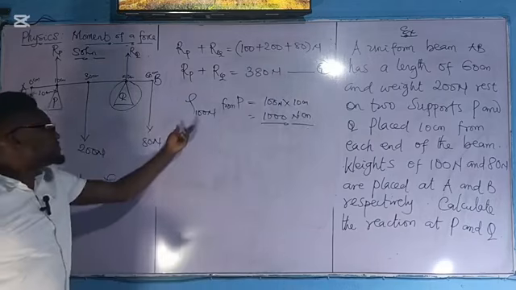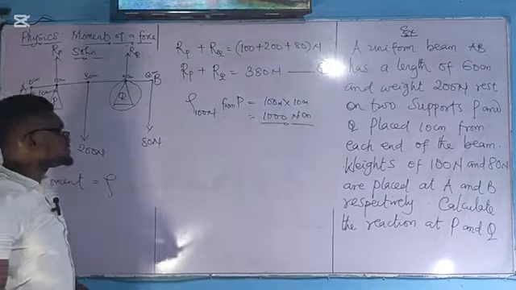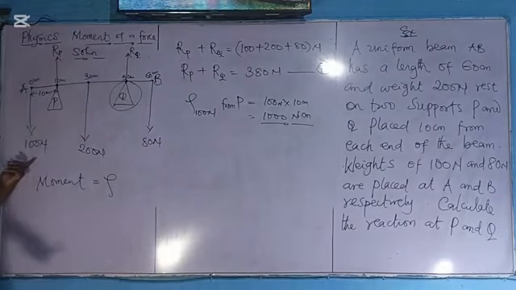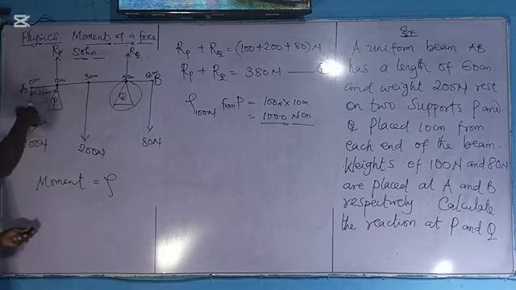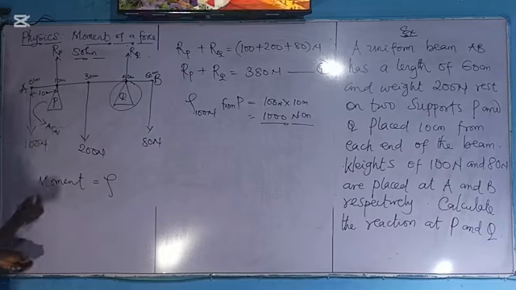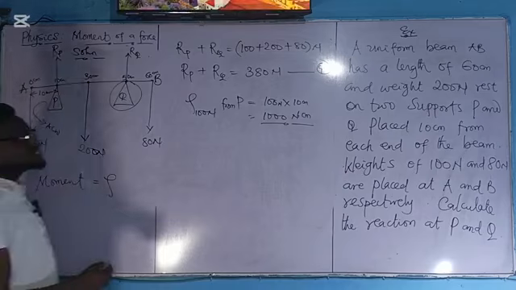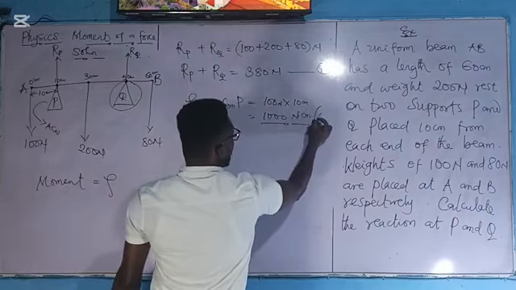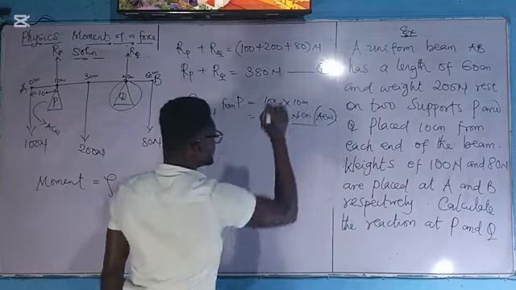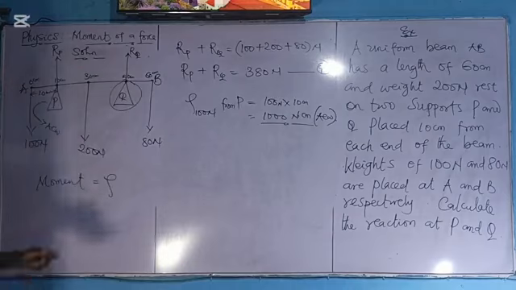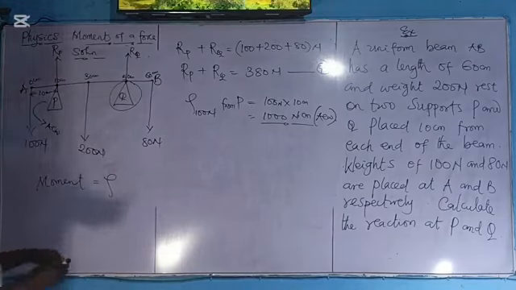Okay? That's the moment of 100 Newton. Now check the direction of 100 Newton. Now it moves. That should be anti-clockwise, right? Anti-clockwise. So the direction now is what? Anti-clockwise direction.